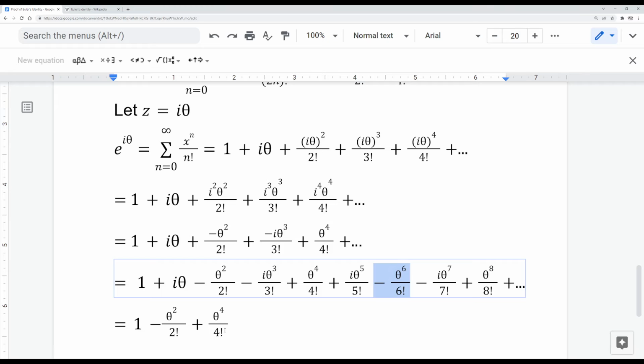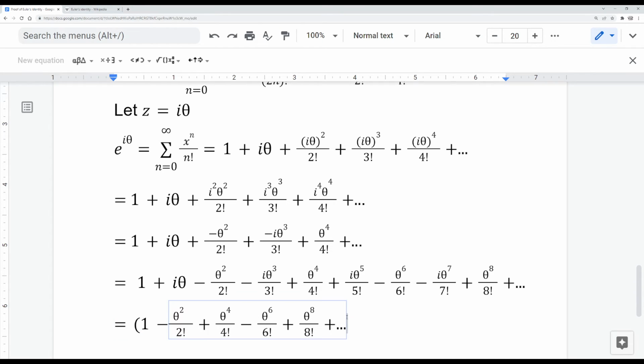Is this. What's the next thing? Is this. And then, this is supposed to be plus dot dot dot. Okay, so let's group all that together. Again, we're just rearranging stuff, nothing changing.